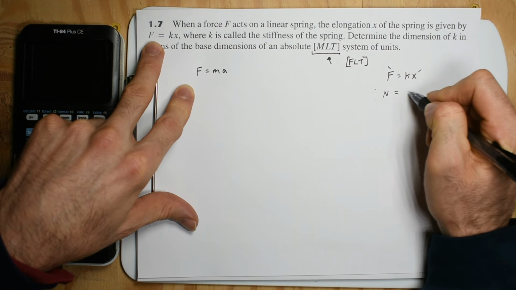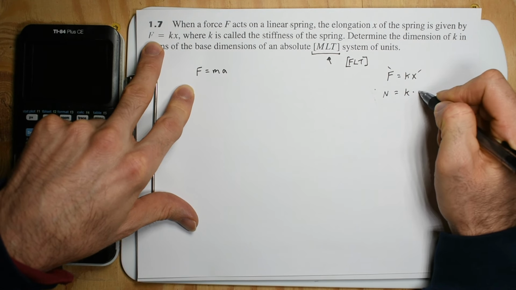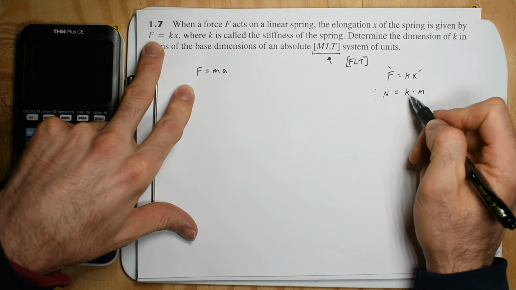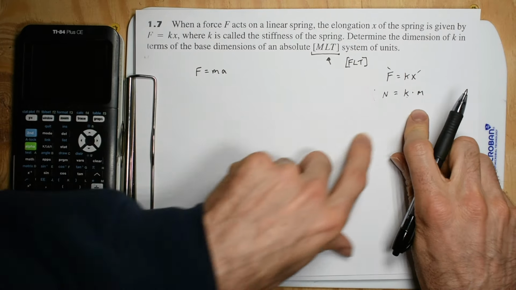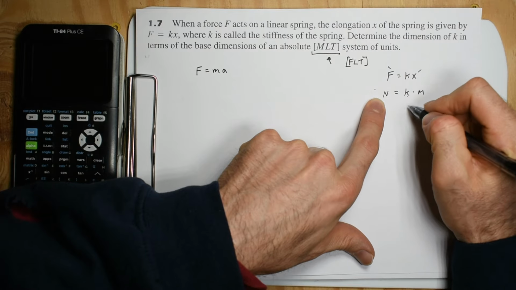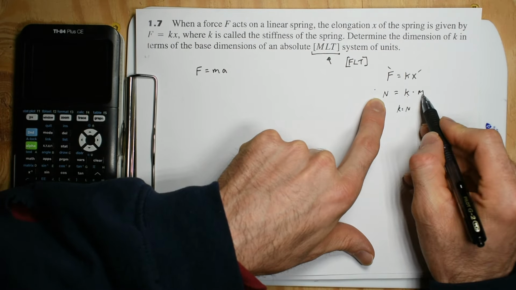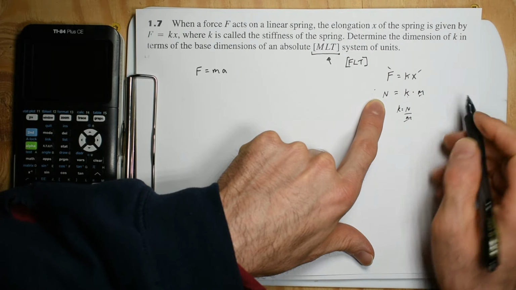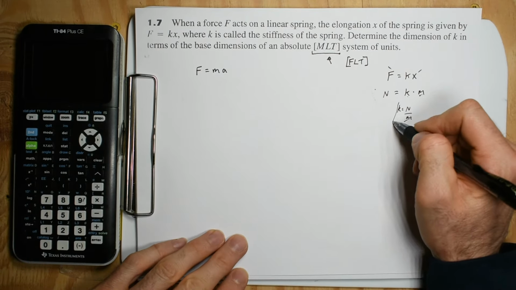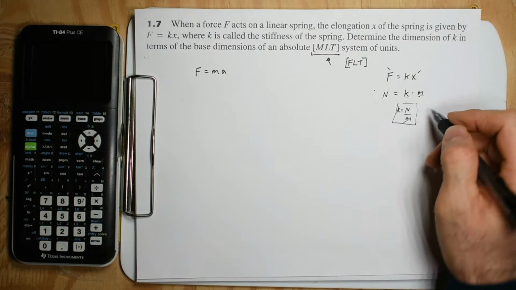So you have newtons here, K, and then you have meters. So what should this be? Two ways to do it would be, hey, you need a newton, so K has to have newtons. But you don't need a meter, so we're going to divide by meters so those cancel. So now we have K is newtons per meter. That's the units on K.